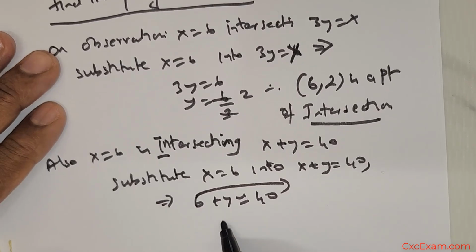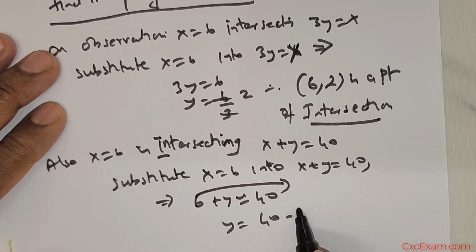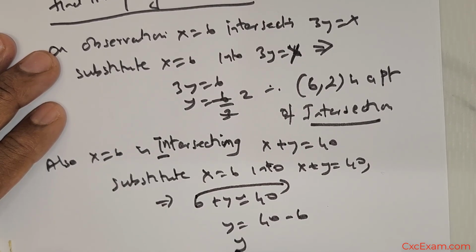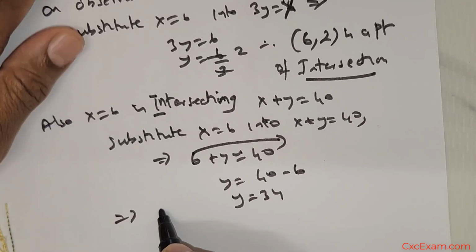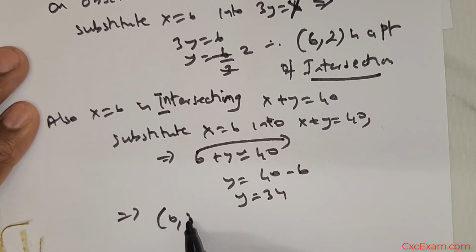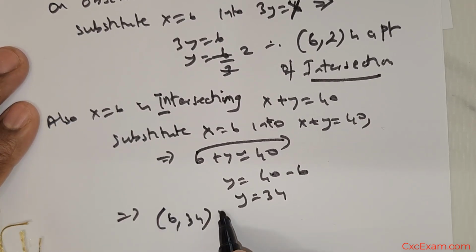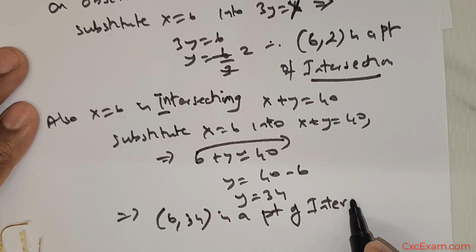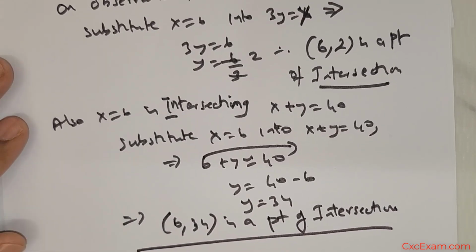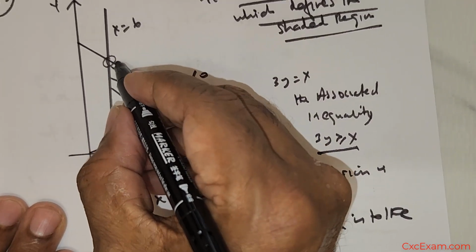You push this 6 to the other side, you get y = 40 - 6, which means y = 34. So that would mean (6, 34) is a point of intersection. Right, so we got this point also.